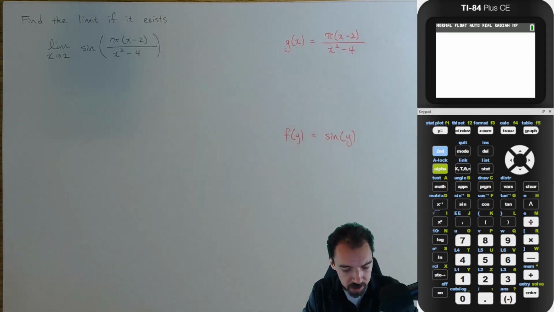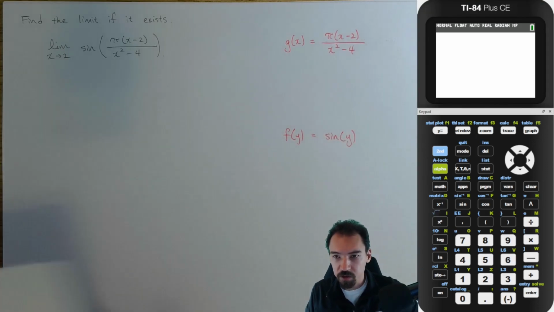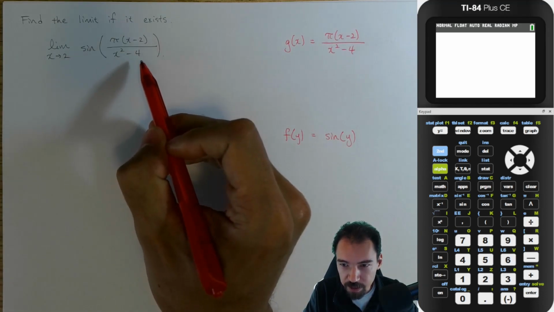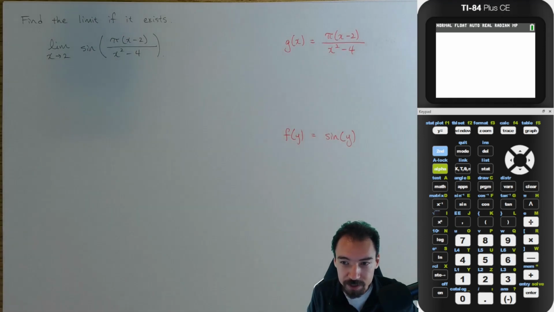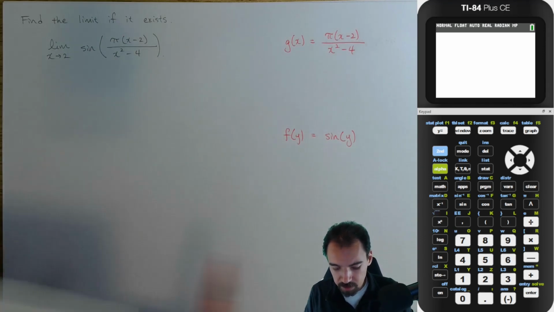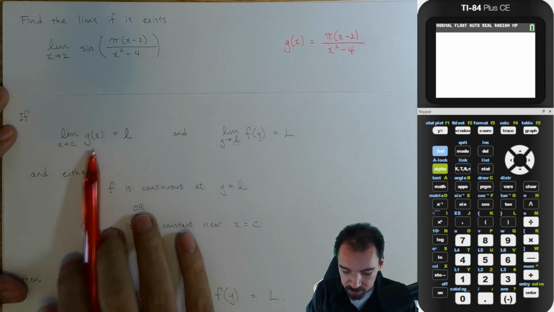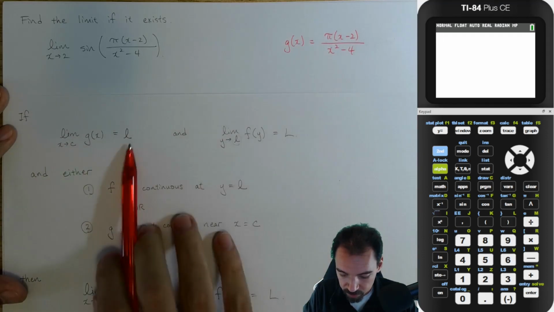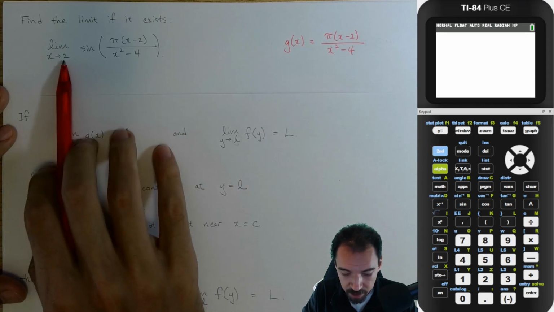All right? So in order to do my cool new trick where I take the limit of the inside and then I take the limit of the outside afterward, I need to check that this limit exists first. So what is lowercase c? That's what x is approaching.